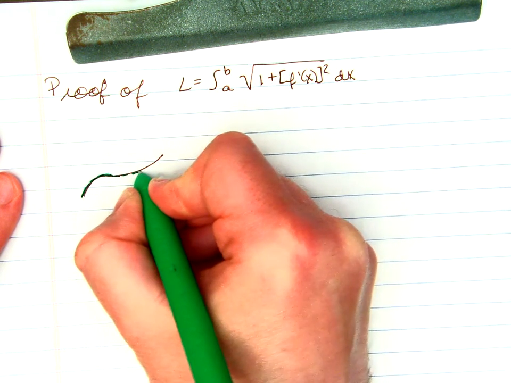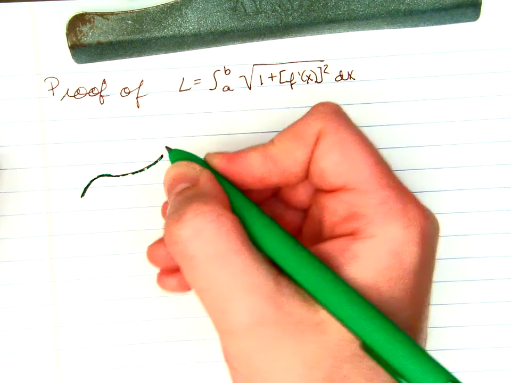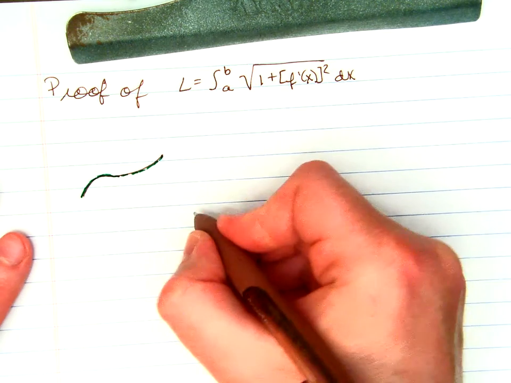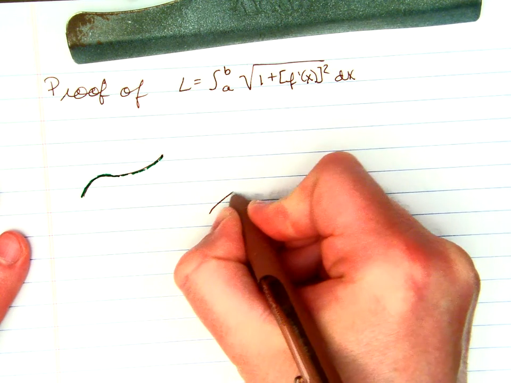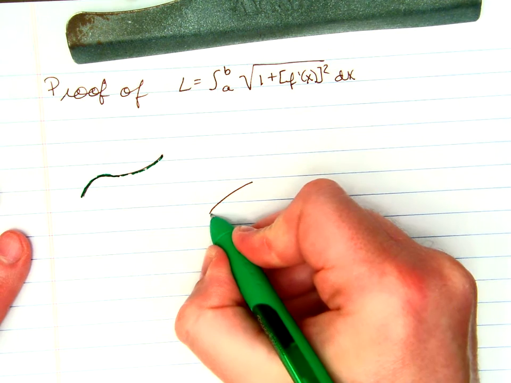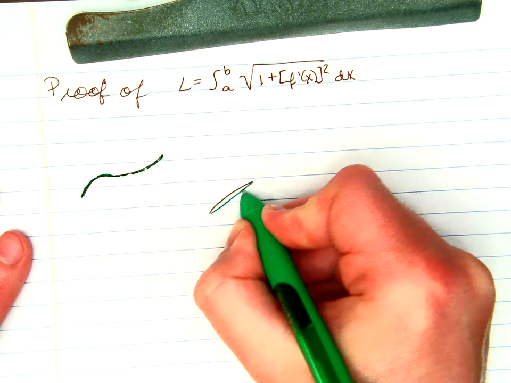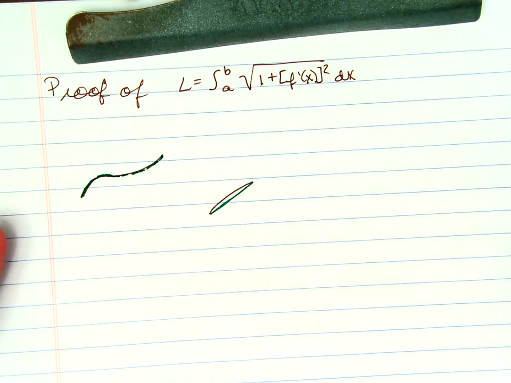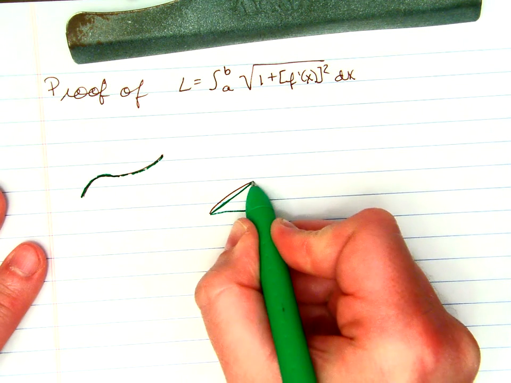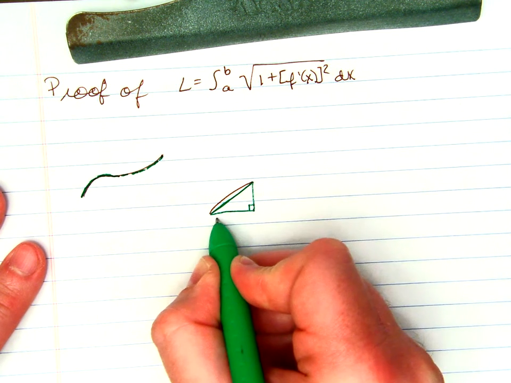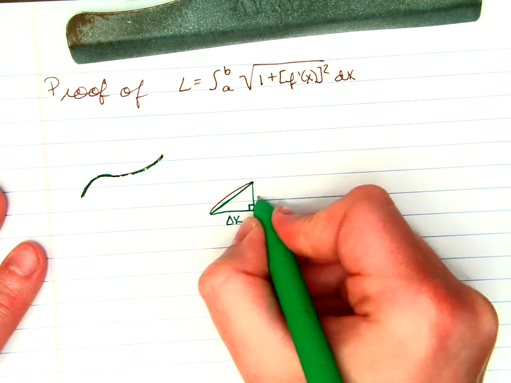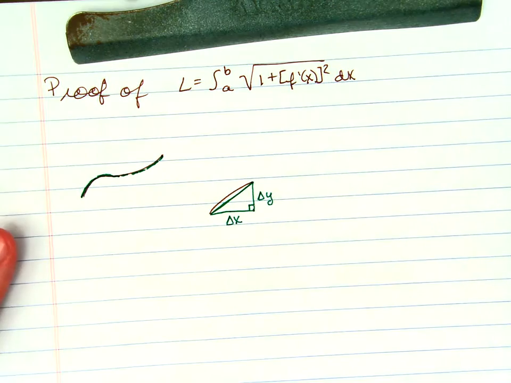If I can find the length of each of those and add those up, I'll basically have the length of my curve. So let's say we have a small bit of our curve that looks kind of like this. I'm going to approximate that bit of the curve by using a line segment. Not a bad approximation. As far as this line segment goes, horizontally it's moving some amount, I'll call it delta x, and vertically it's moving some amount, delta y.